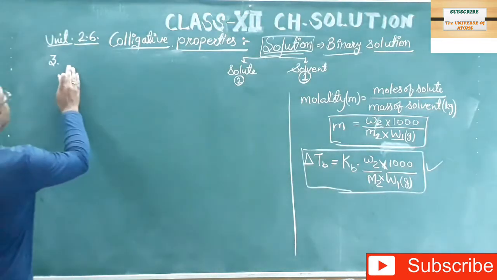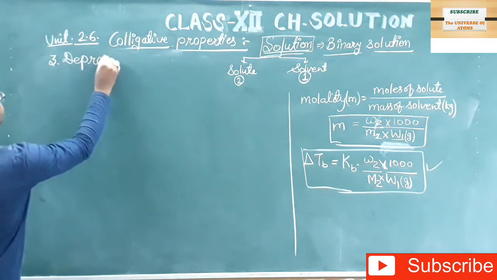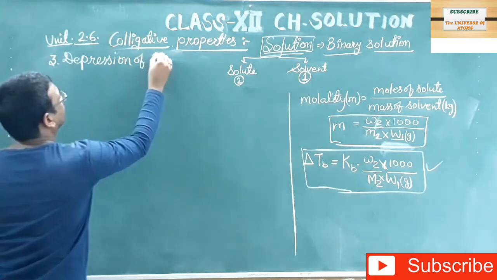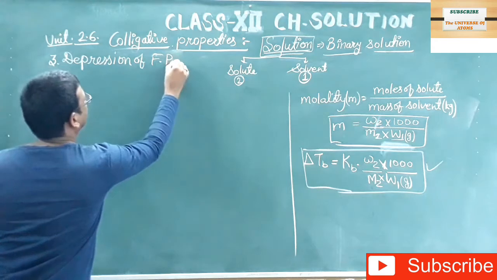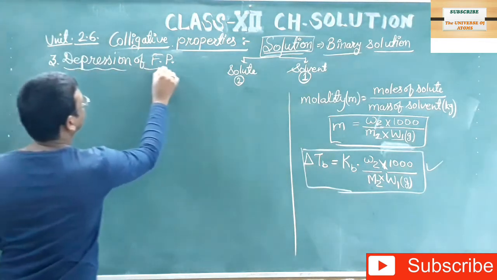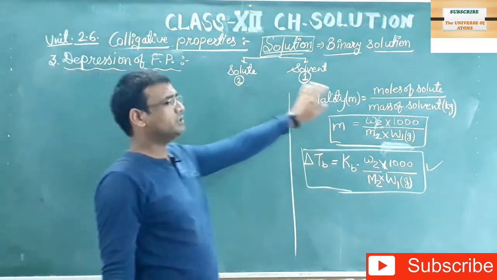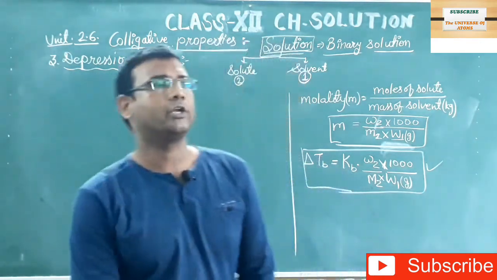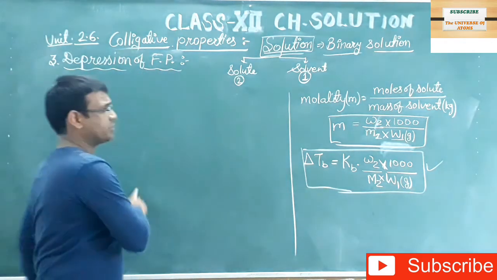Next, the third one is depression of freezing point. All the notations we will be using same as we used in colligative property 1 and 2. Now first of all, what is the meaning of freezing point?